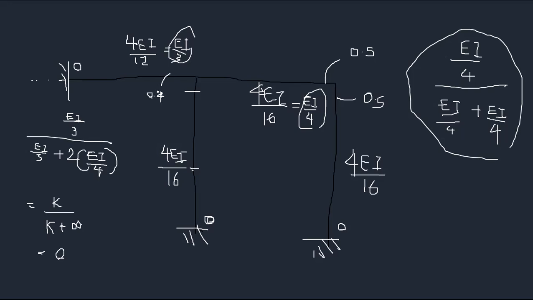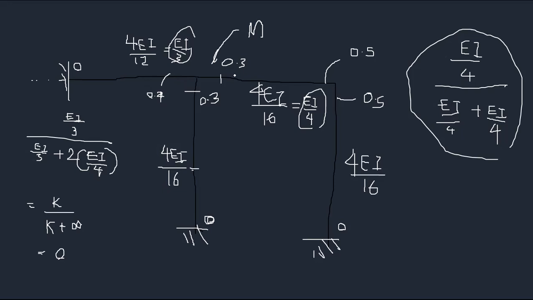The remaining part is equally distributed between these two members. That's going to be 0.3 and 0.3 because the summation of distribution factors is 1. That simply means if you add some bending moment, this portion will take 40%. This is claiming I can take 40%, that means 0.4.